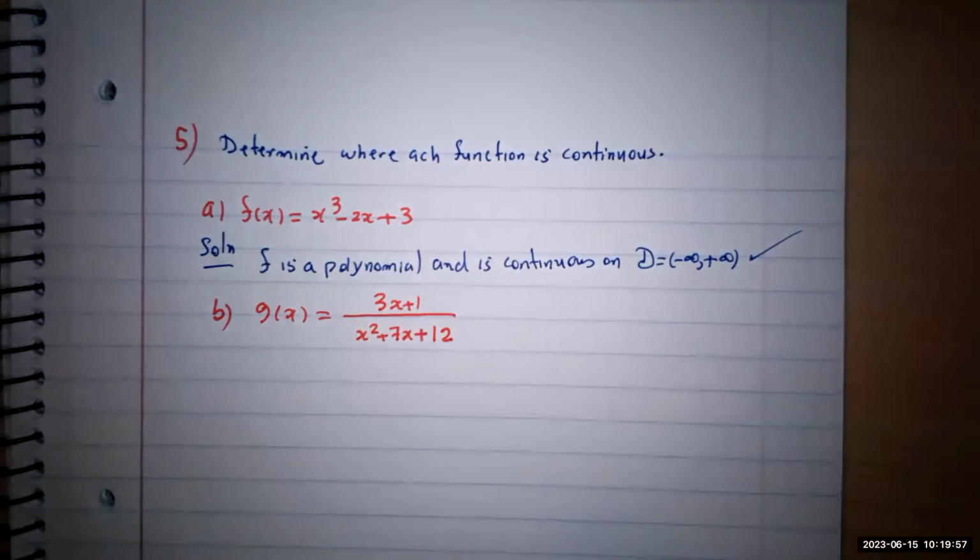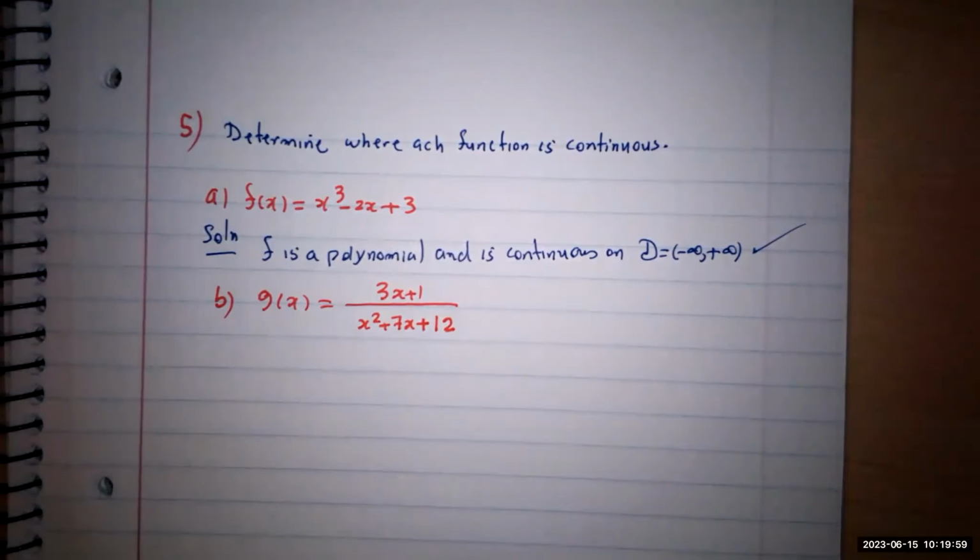I could go with the original one. This is in fact from your book, but you get involved with the radicals. So we just change it to do no harm. The original one is x squared plus 7x minus 2. I change it to positive 12. That would be better.